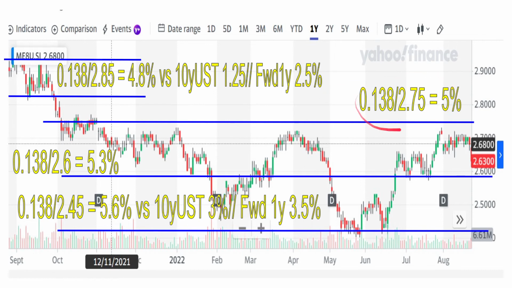Over here this channel is 5. Over here this channel is 5.3. And over here this channel is 5.6. So this REIT trading action is pretty much in steps of a 20 to 30 basis points move, right? 4.8 to 5, 5 to 5.3, 5.3 to 5.6, back to 5.3, up to 5, down to 5.6. Quite the lockstep movements.